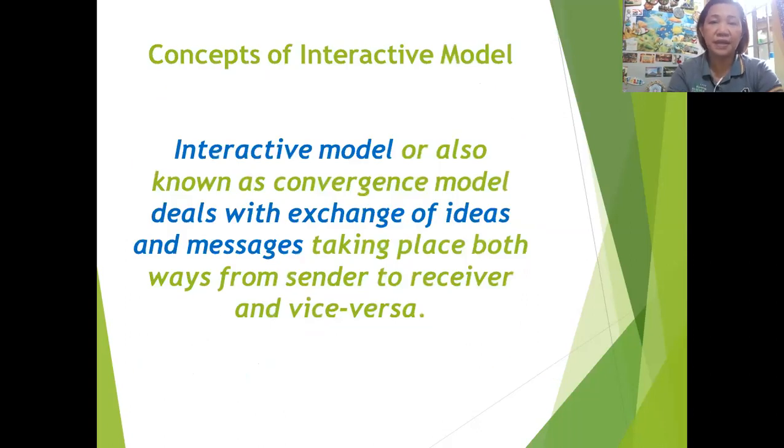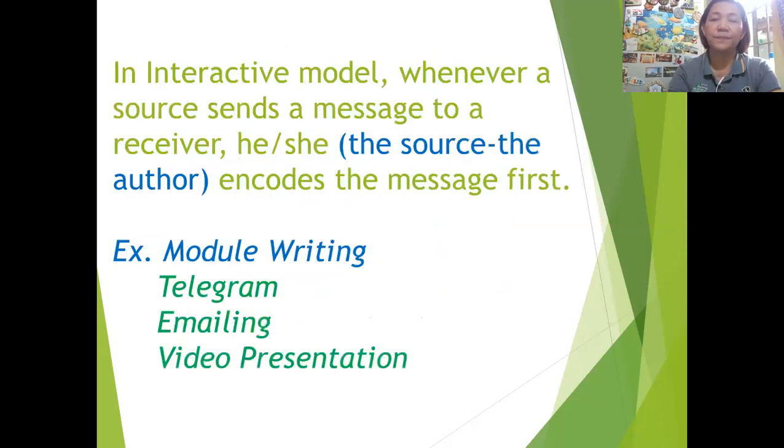Let's go deeper into that. According to Woods of 2009, the interactive model, also known as the convergence model, deals with a lot of exchanging of ideas and messages taking place both ways, from sender to receiver and vice versa.